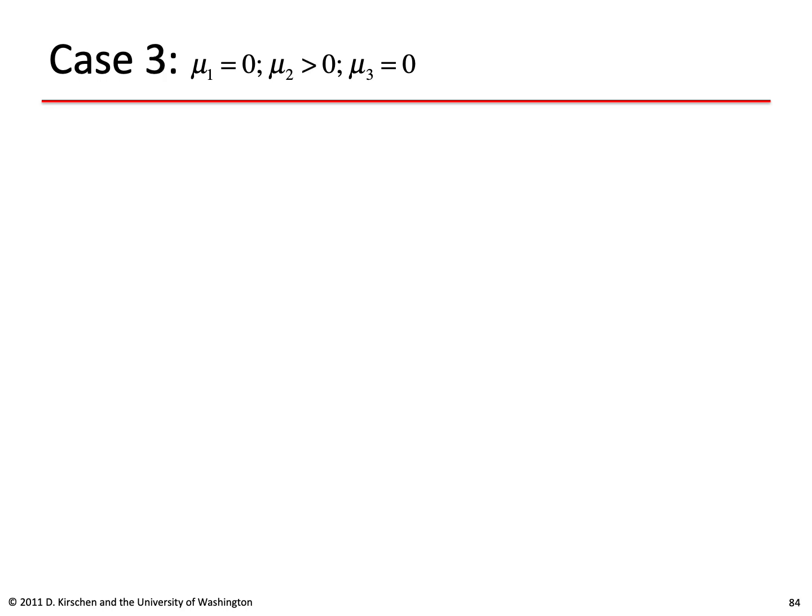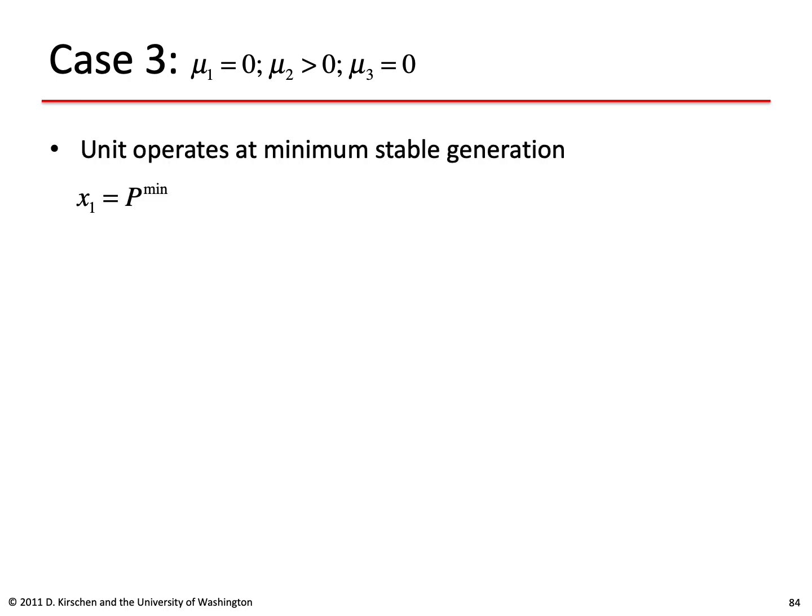The next case has mu1 equals 0, mu2 positive, and mu3 equals 0. Now, mu2 corresponds to the constraint that x1 equals Pmin, therefore the unit operates at its minimum stable generation. If we put those values of the Lagrange multipliers in the optimality conditions, we get the following.